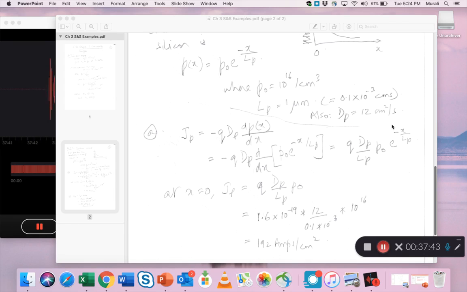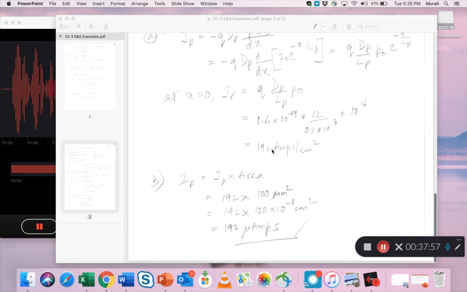Remember, at x equals 0 the exponential is 1, so that just becomes 1 here. The rest of the 3 items is what you see, and if you solve that, you get this current density. Now, to find the actual amps, you take the density and multiply it by the cross-sectional area, and you get 192 microamps as the current flowing through that silicon.